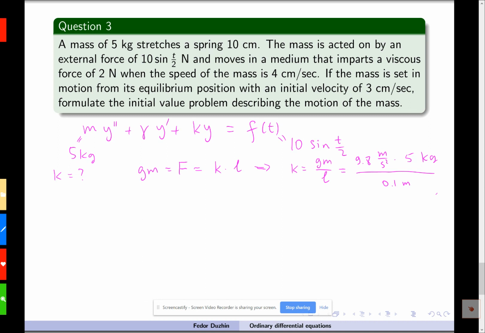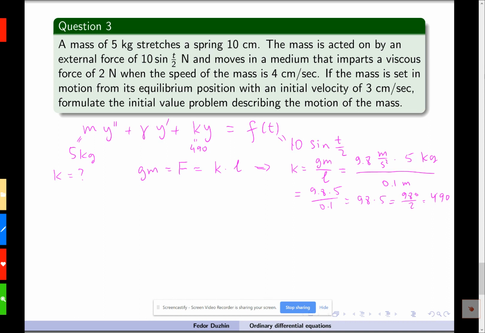So k is 9.8 times 5 divided by 0.1, which is 98 times 5, which is 980 over 2. It's 490. So k is 490.